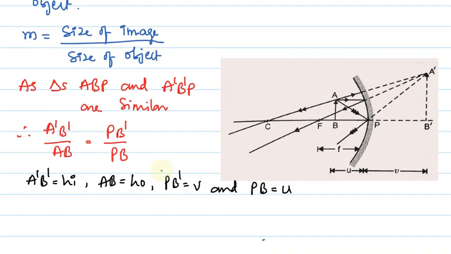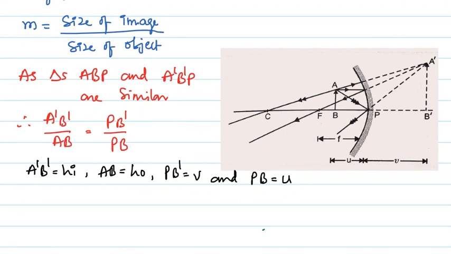Now if we apply sign conventions for this particular case of ray diagram, then we can write using sign conventions. Here object distance will be negative because it is measured from pole in the opposite direction of incident rays. Image distance will be positive because it is measured along the direction of incident rays.